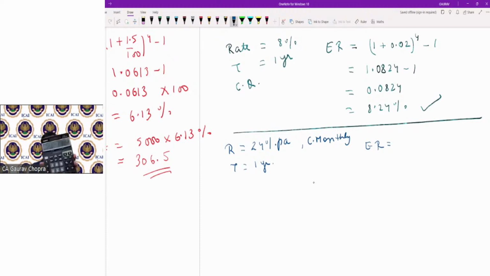See, this is the answer. First, convert rate into monthly and n also into monthly. So 1 year, 12 months are there. So n will be 12.